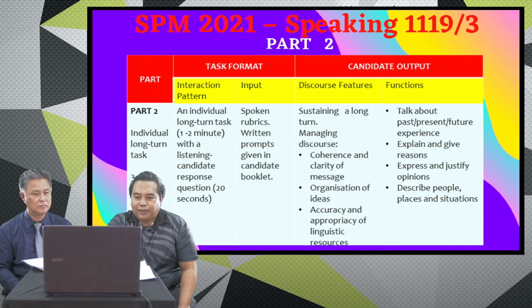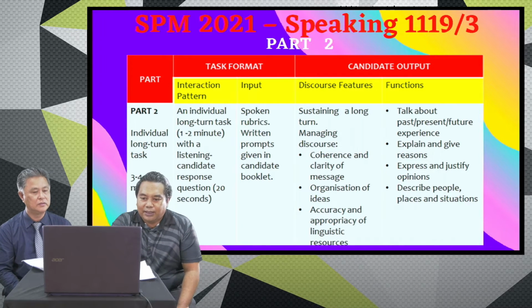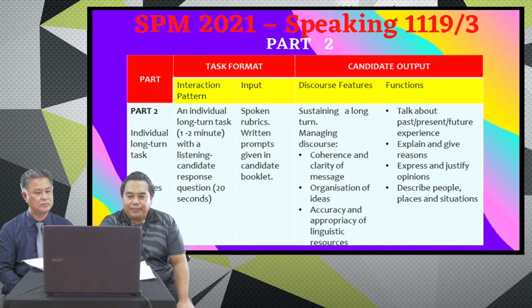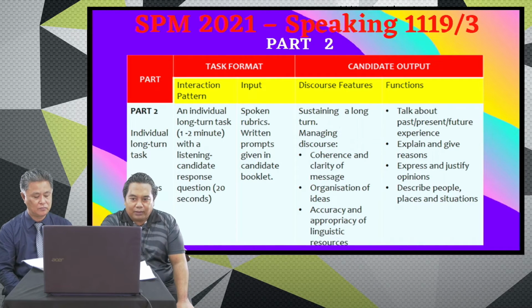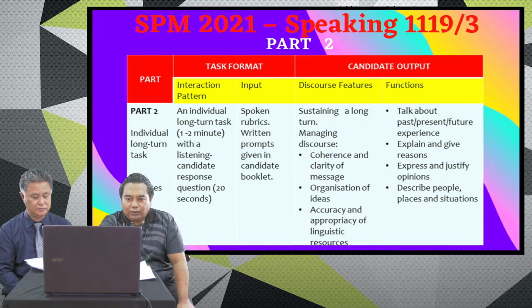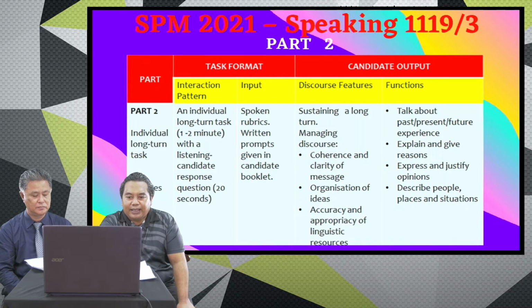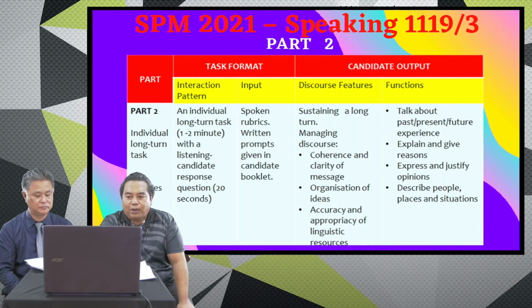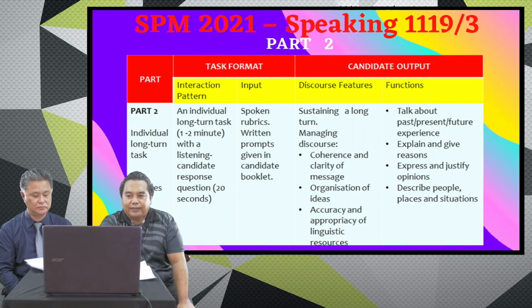Part 2 is individual long-term tasks. So 3 to 4 minutes. Interaction pattern: individual long-term tasks, 1 to 2 minutes, with a listening candidate response question, 20 seconds. Input: spoken rubrics, written prompt given in candidate booklets.